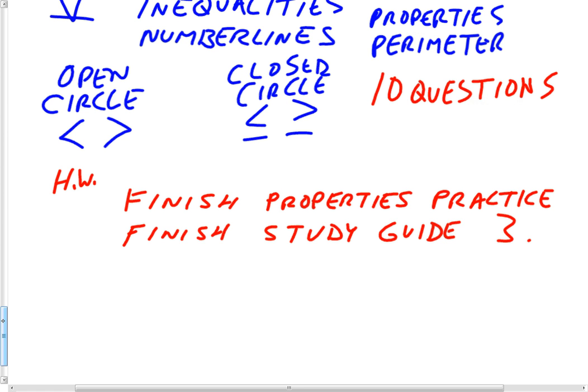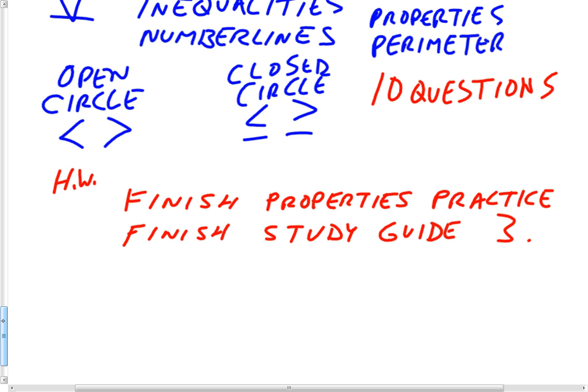Notebooks. I'm going to collect your notebooks on Monday. The first thing I'm going to do is this. I'm just going to shake it a little bit and see if anything falls out. If nothing falls out, then the maximum you can get is 100. If things fall out, then the score starts going down. All that means is that you put it in a pocket or you put it in the 3 rings that you got, whatever you have.